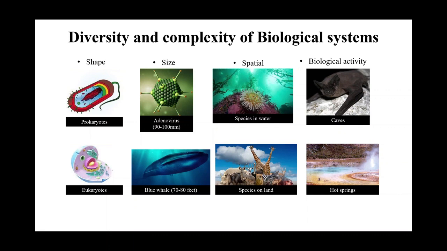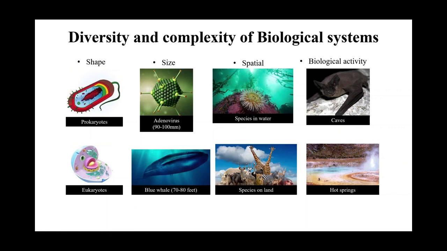A virus can be 100 millimeters in size, while we have blue whales, organisms that are 70 to 80 feet long. Spatial means where they are distributed, where they reside, what their habitat is. They could be in water, on land, residing on top of trees, or inside burrows. There are multiple habitats or niches that are available for these organisms to survive. And then biological activity.